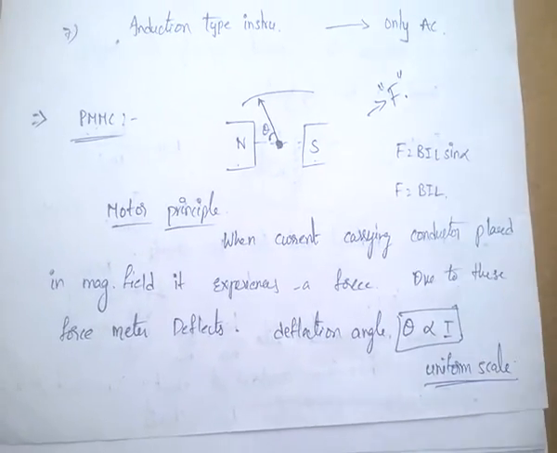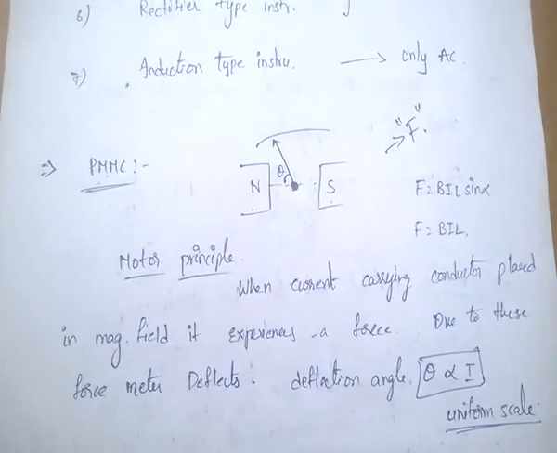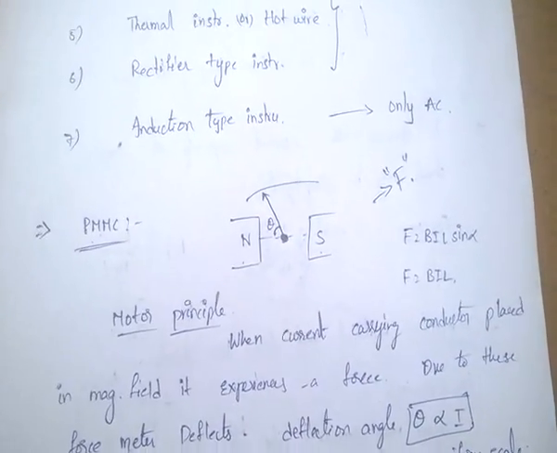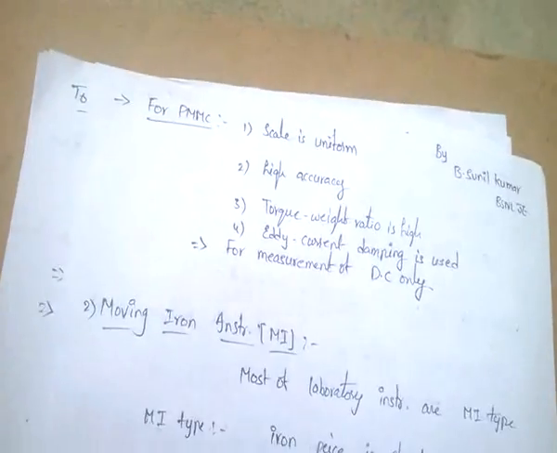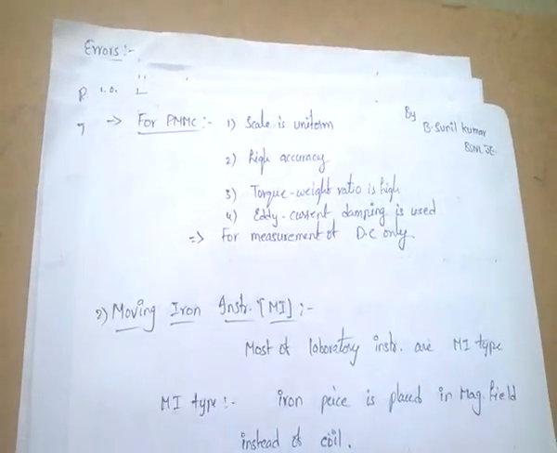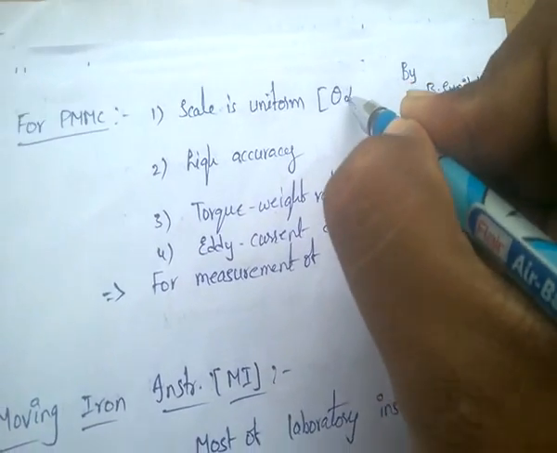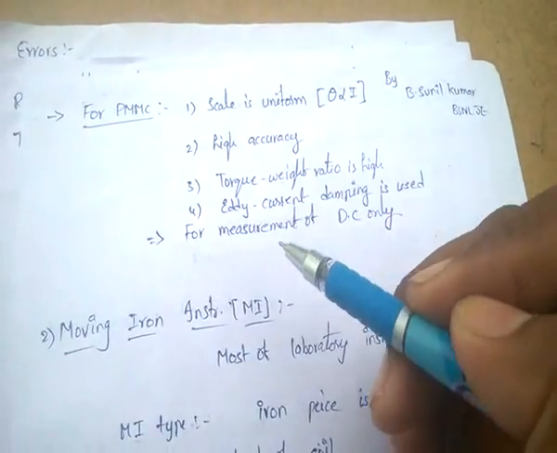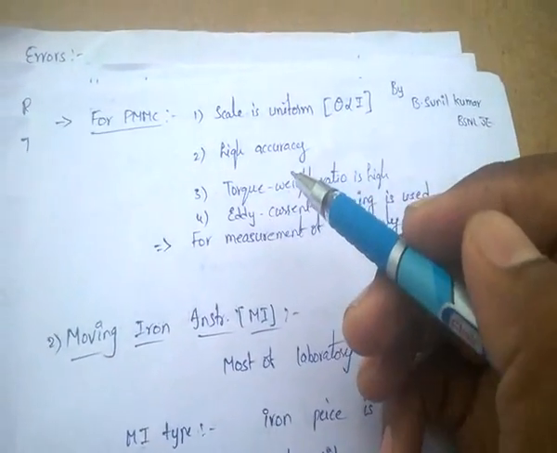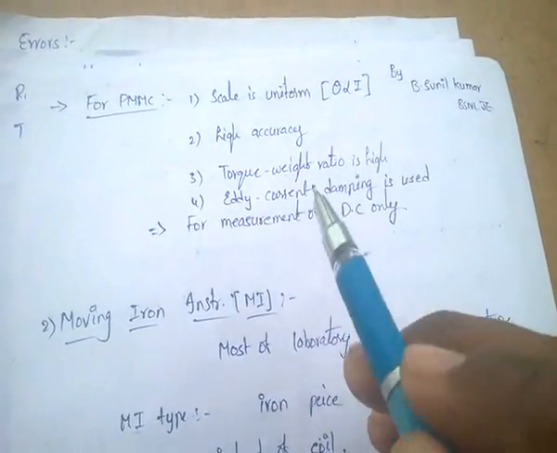Some important points regarding the PMMC. The scale is uniform, that is theta proportional to current I. It has high accuracy, and the torque to weight ratio is very high.